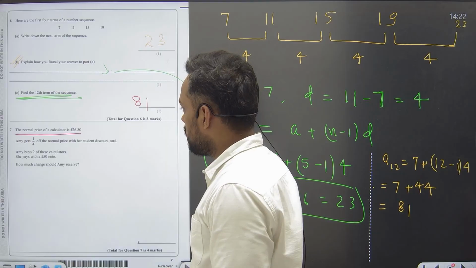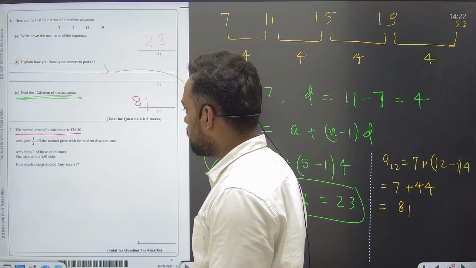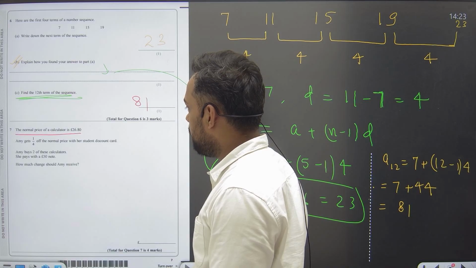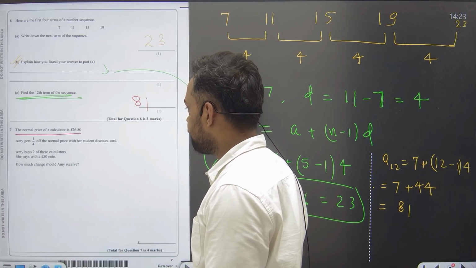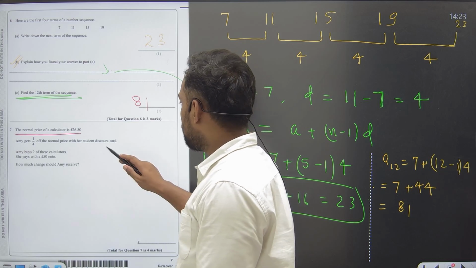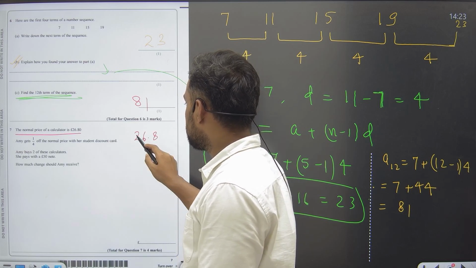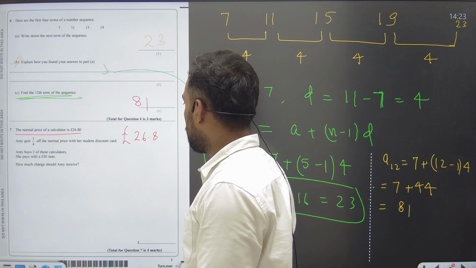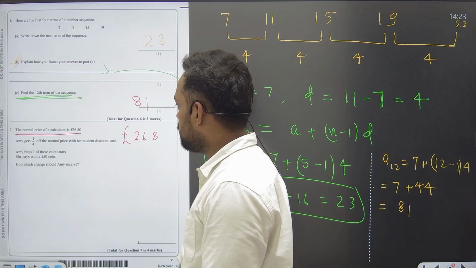26.80. Amy gets 1/4 of the normal price with her student discount card. Amy buys 2 of these calculators. So the normal price was 26.80 pound. This is the normal price of a calculator, and she is getting 1/4 off.